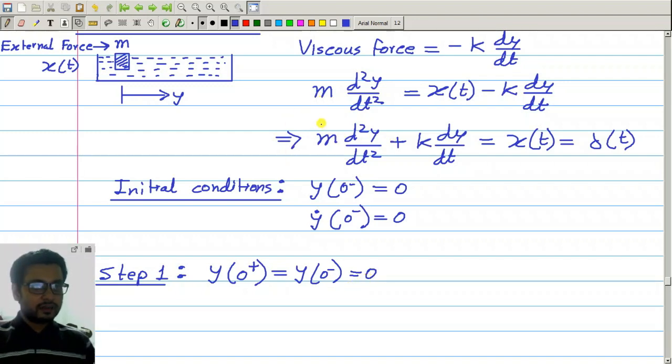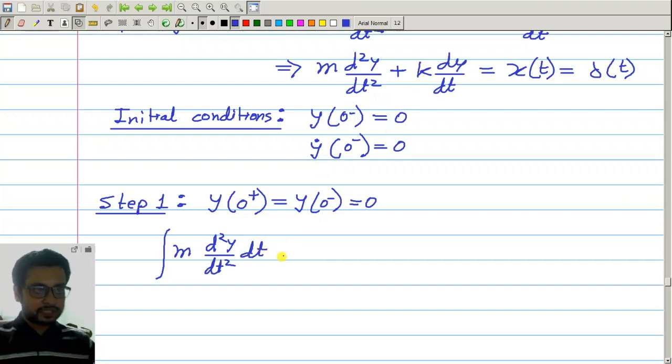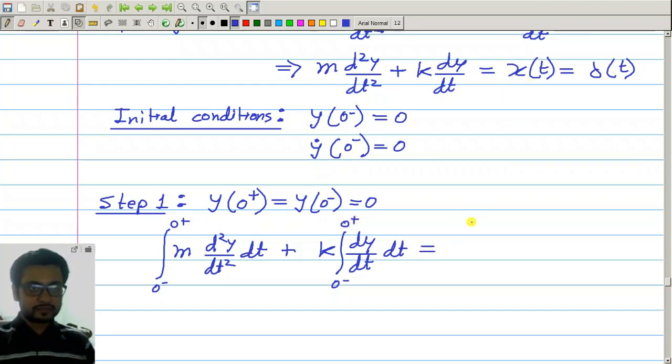Then let us integrate this equation on both sides, and we can write the integration of the m term like this, plus k times the integration of dy/dt from 0- to 0+, and the right side will be the integration of delta(t), which is equal to 1.